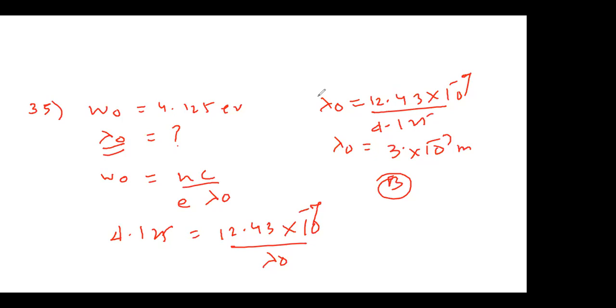Okay, 36. The threshold wavelength for metal having work function W0 is given lambda. What is threshold wavelength for metal whose work function is 2W0?